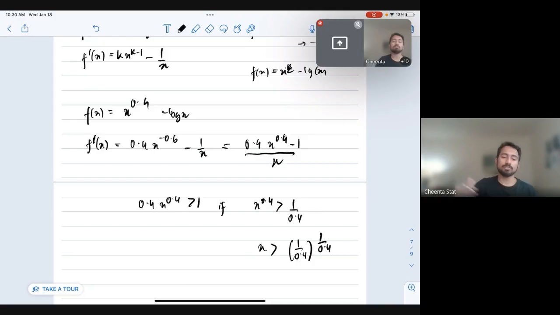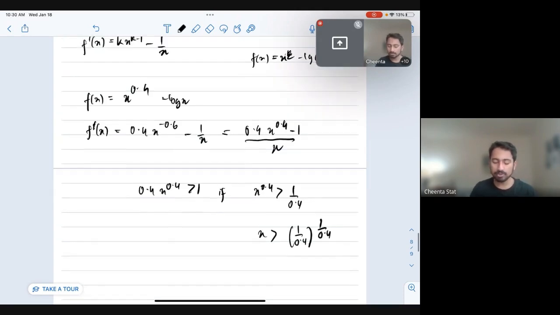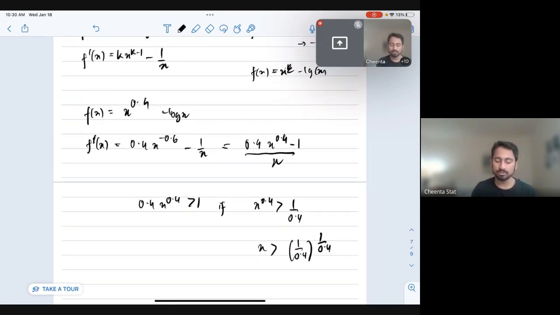So after this number, it's increasing, right? And at this point, you can put in the value, as x tends to infinity, it's increasing, we'll get that it's greater than 0, okay? If you put this value, we'll get it's greater than 0.